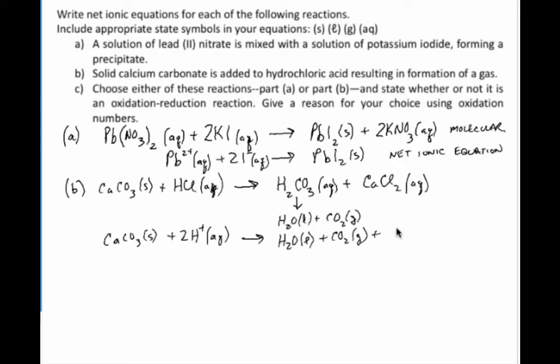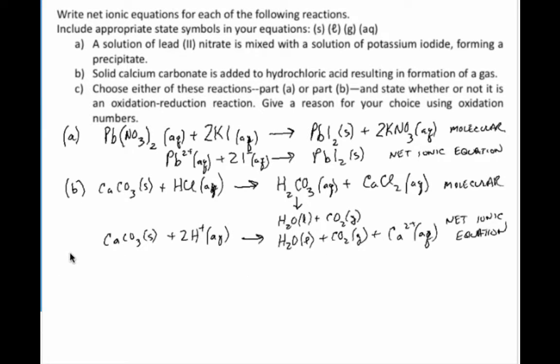And the stuff that's left behind is calcium 2+ aqueous. The chlorides cancel on both sides of the equation. So this is the molecular equation, and this is the net ionic equation. So the gas that's being produced is CO2 gas.